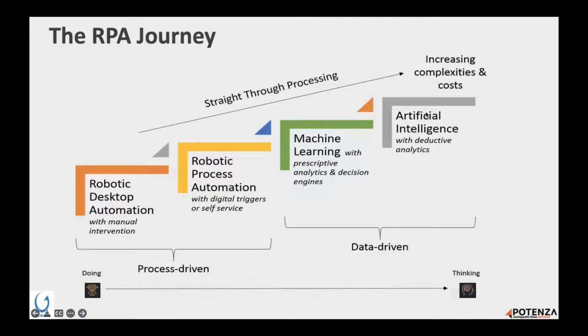There are four stages of maturity of RPA in an organization. Now, there are also a few other misconceptions. The first one is we think enterprise automation is desktop automation, which it is not. RPA initially started with assistants, assisting humans.